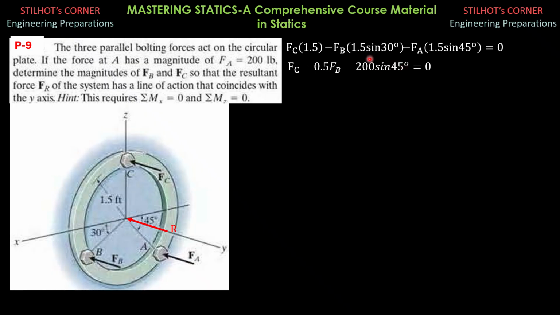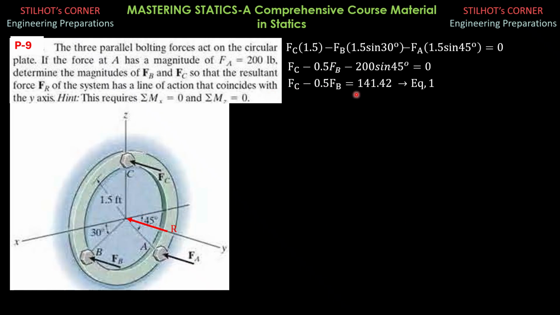So this is the simplification of this equation here, and we cancel out 1.5, so that's why we have FC minus FB times sine 30, which is 0.5 of FB, then minus FA, 200 times sine 45. 1.5 is cancelled. Then summation moment about the z-axis equals 0. So we have FB times horizontal distance 1.5 cosine 30.